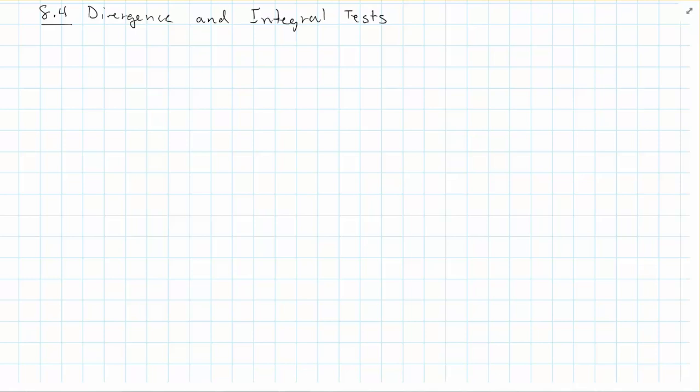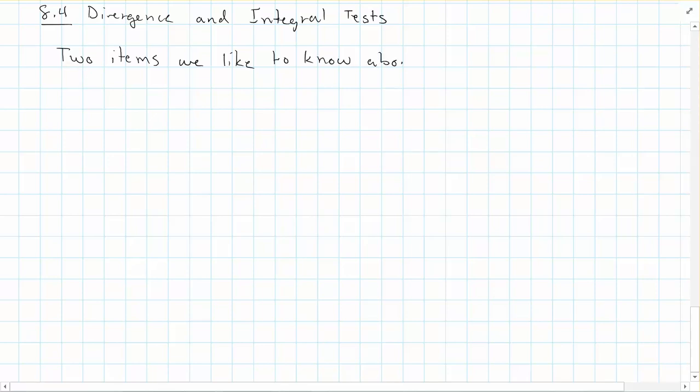All right, so let's go ahead and get started on section 8.4, the divergence and integral tests. Remember, there are two items we like to know about series. This would be the time where I would ask you in class to tell me what those two items are. I'll wait for you to communicate this telepathically to me.